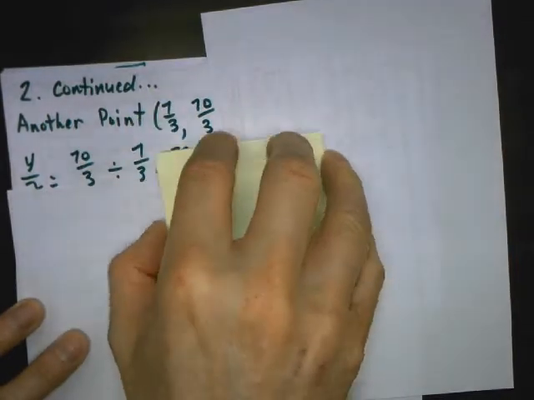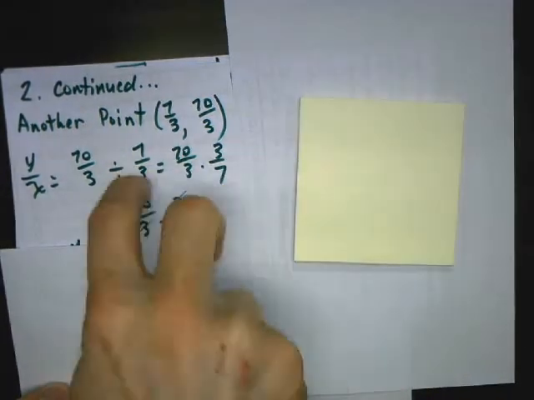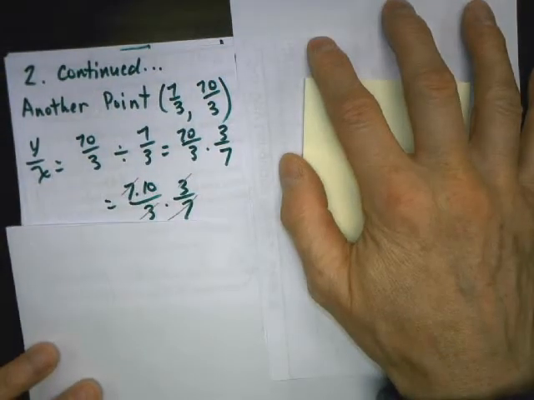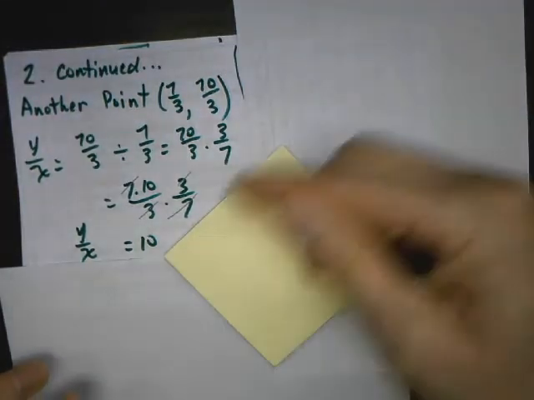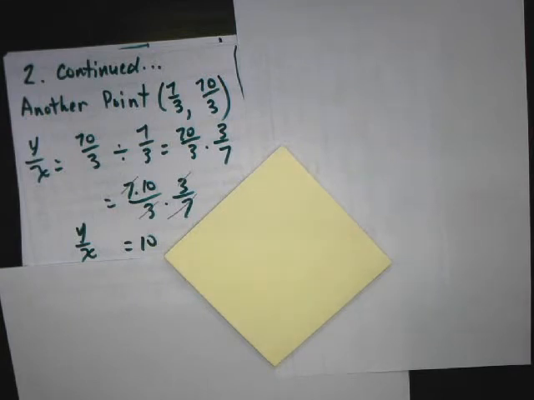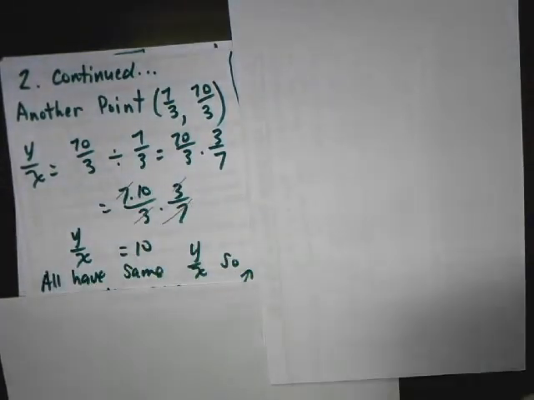I write the y first, I do division, I do the x second. Multiply by the reciprocal. Factor trees. Cross out my ones. The 3s and the 7s get crossed out. What's left is a 10. I have the same ratio every time. Every time I put y over x, I get the same number or same ratio, which means that that first table is proportional.